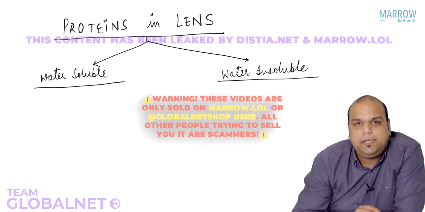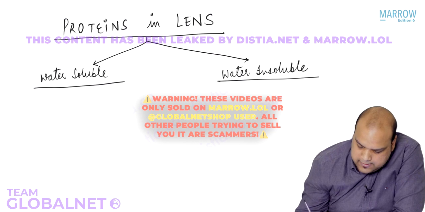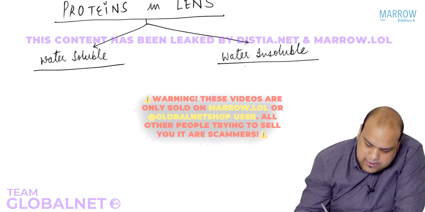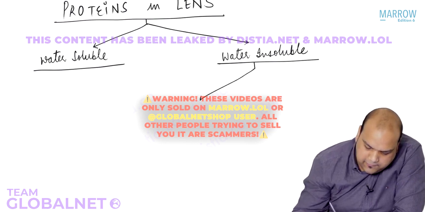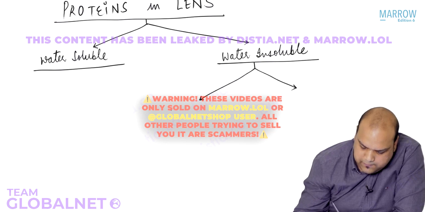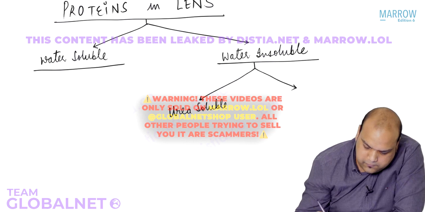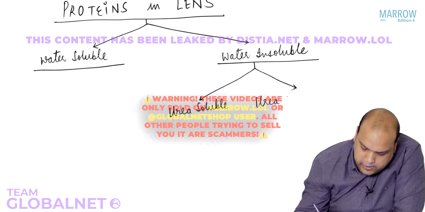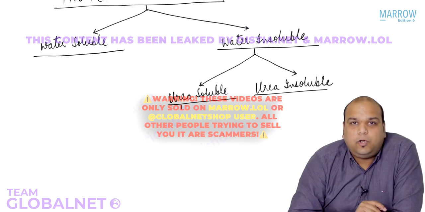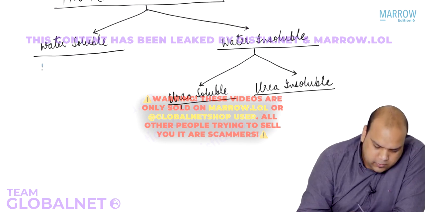Water soluble proteins, water insoluble proteins. Water insoluble proteins can further be divided into two groups: urea soluble or urea insoluble.